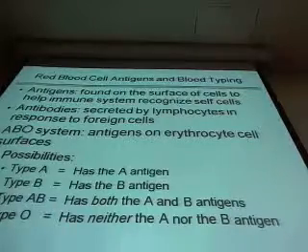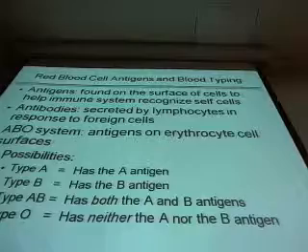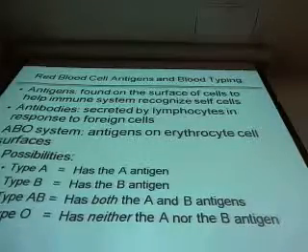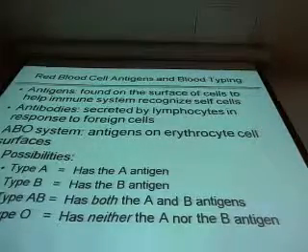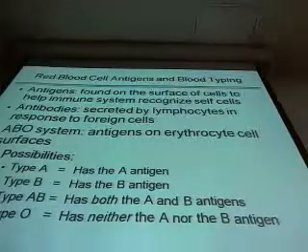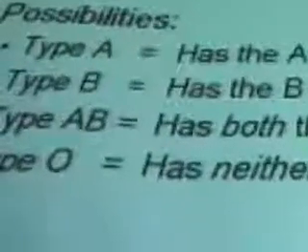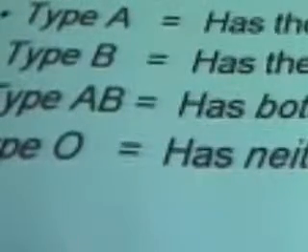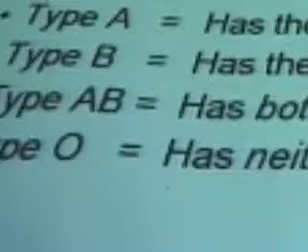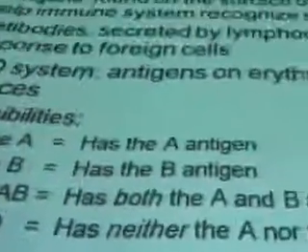Okay, red blood cell antigens and blood typing. What type of blood is it? A, B, A, B, and O. Close. Okay.